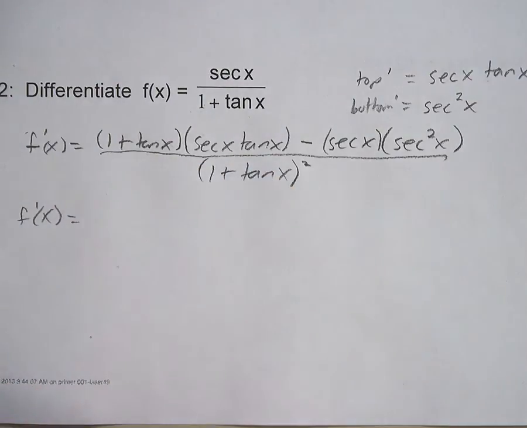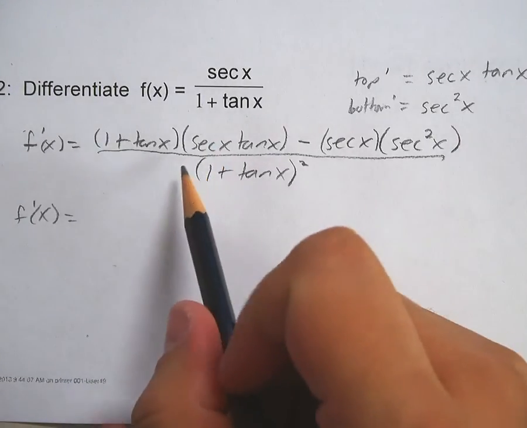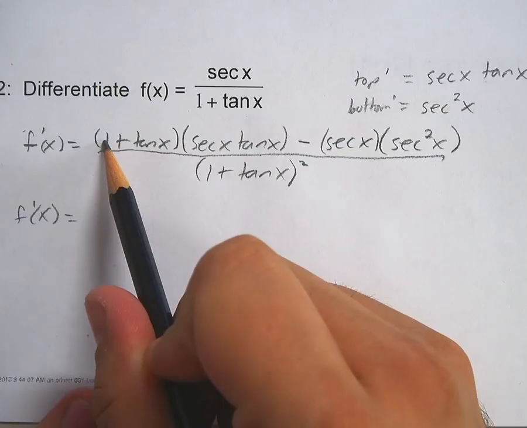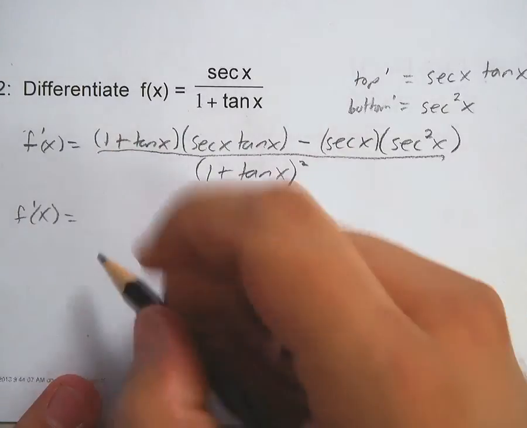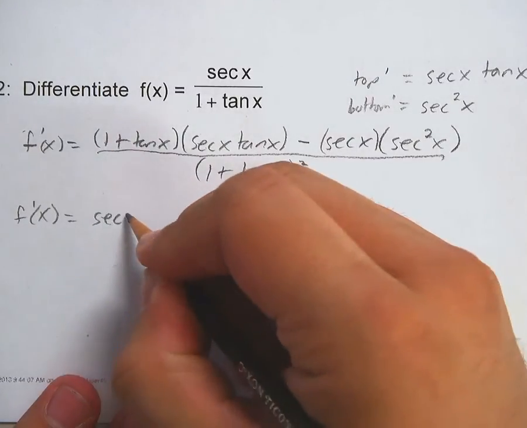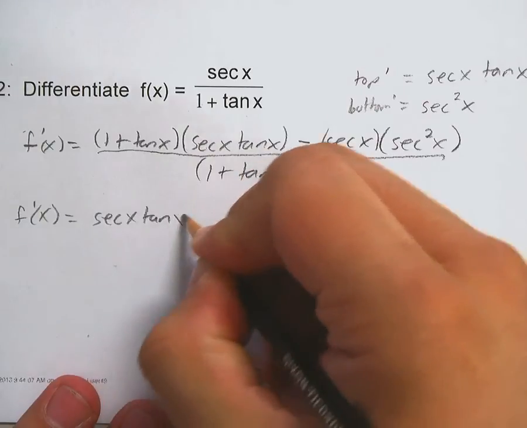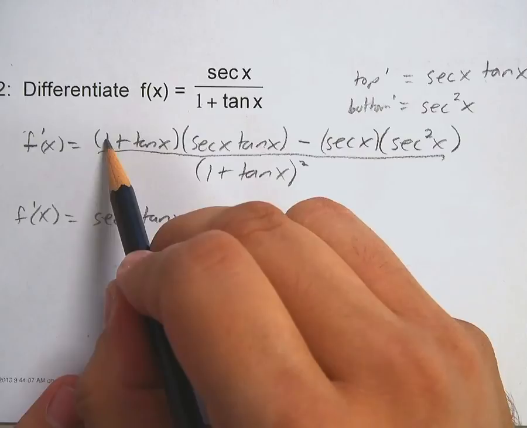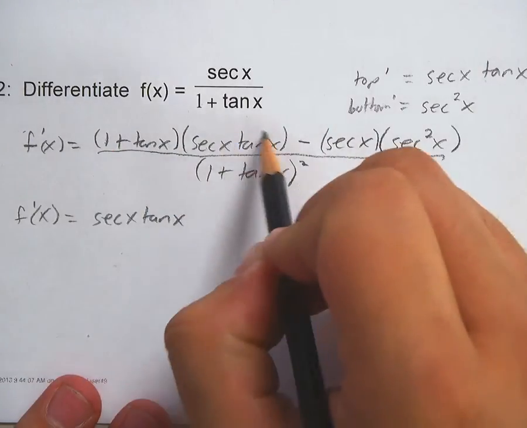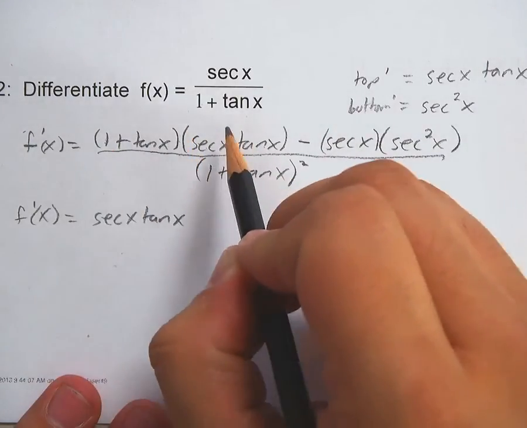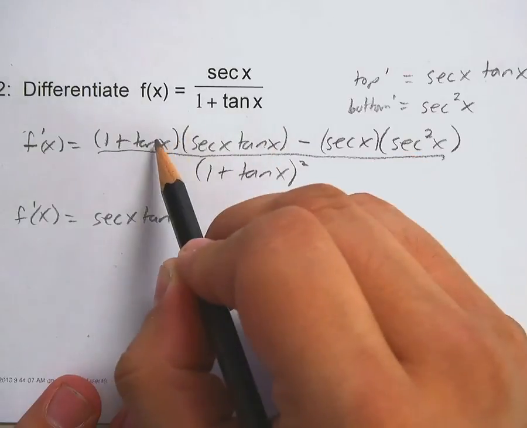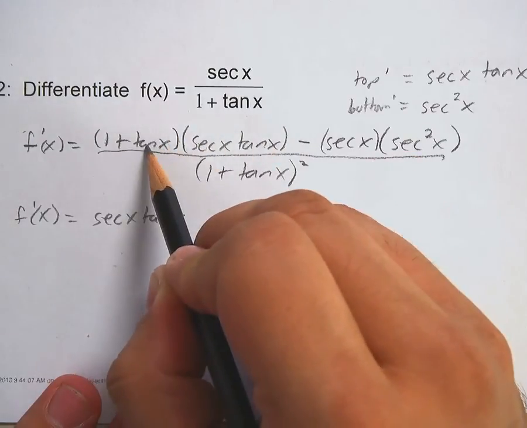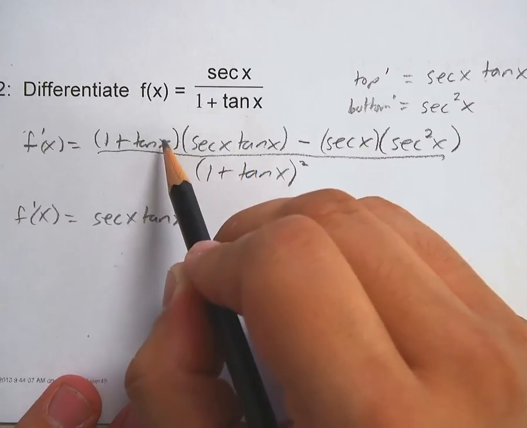Let's take a step to simplify here. If we multiply this out, this will be secant tangent times 1, which is secant tangent. Right? Secant tangent is one term, so that's times 1 is secant tangent. Secant tangent times tangent. This is kind of like saying 2x times x. Multiply tangent, tangent, you get tangent squared.